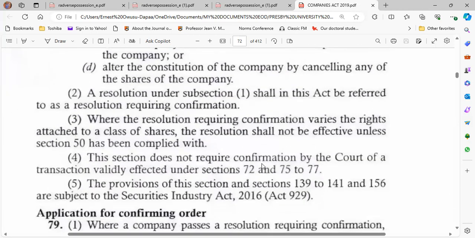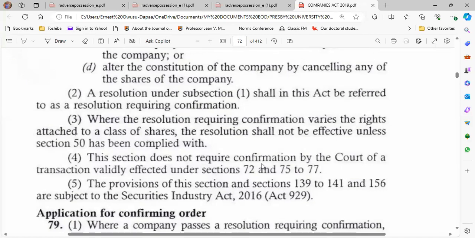Now, in terms of how to do a special resolution, of course, we've talked about that, and we'll be discussing it again under corporate governance, except that, as we have learned, a special resolution is a resolution in respect of which notice will have to be given ahead of the meeting in which it's going to be passed. And then when the meeting is held, it must secure approval or endorsement by 75% of the shareholders.